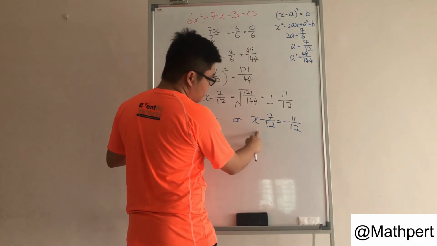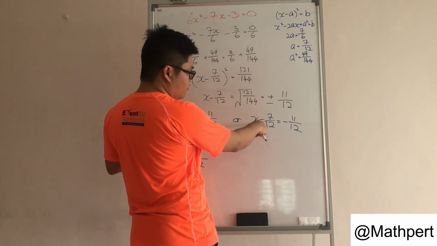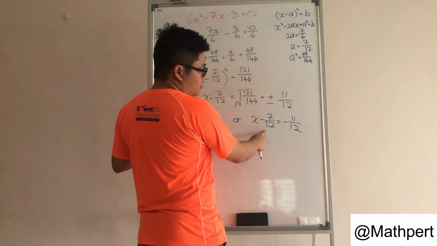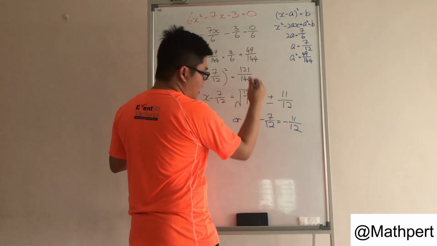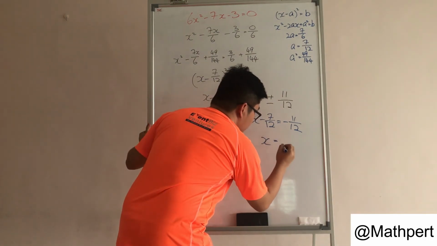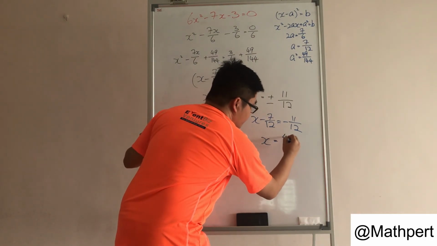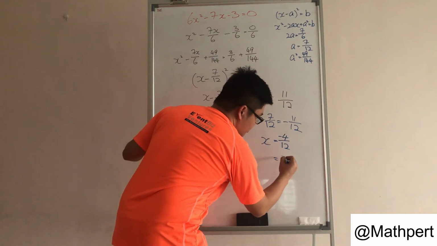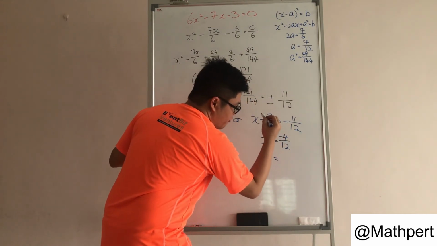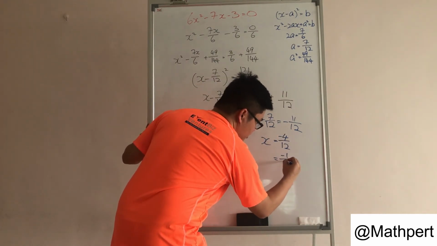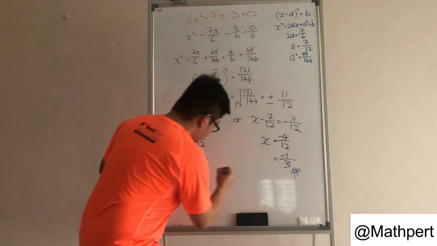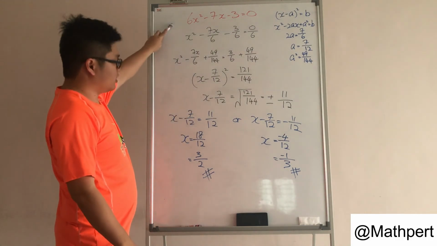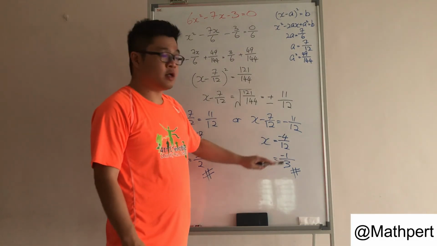So this part, negative 7/12 moving to the right hand side becomes positive. So negative 11 plus 7 is negative 4 over 12, and we can further simplify it by dividing by 4. This is negative 1 over 3. So the roots for this quadratic equation are 3 over 2 and negative 1 over 3.